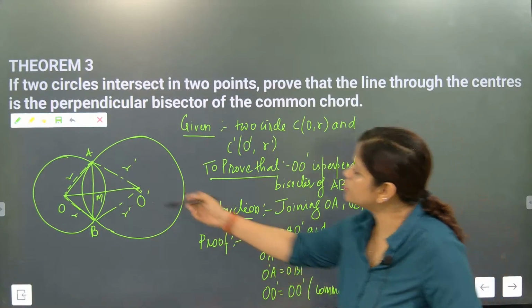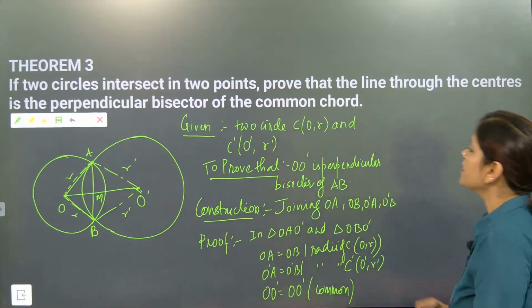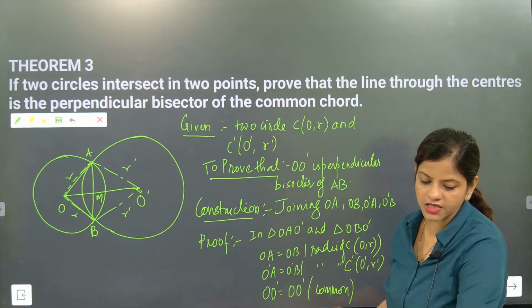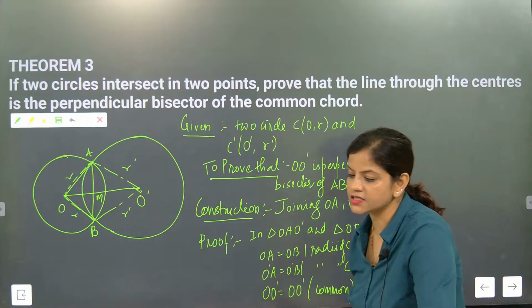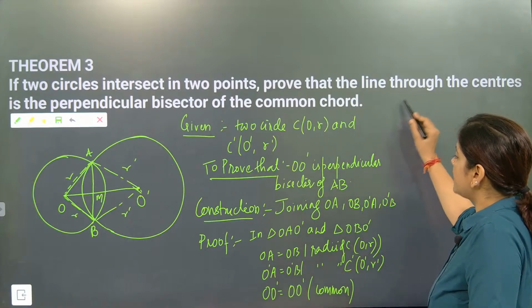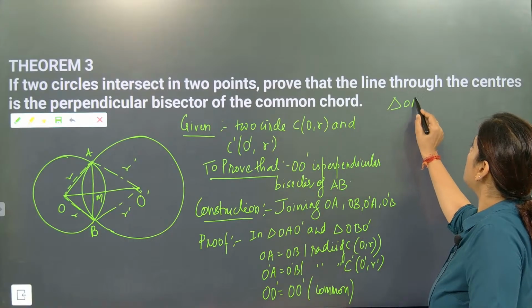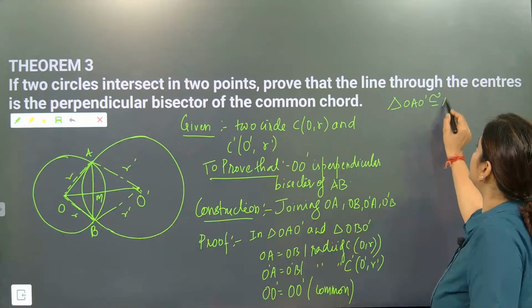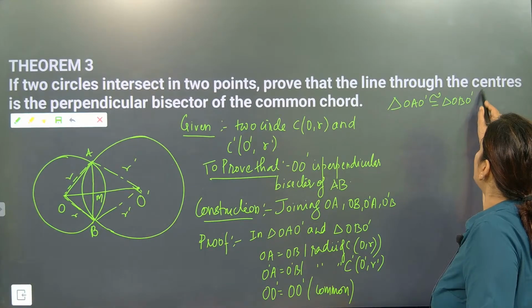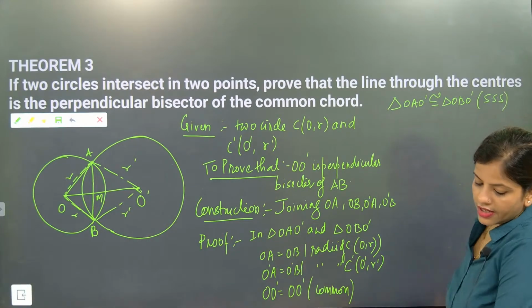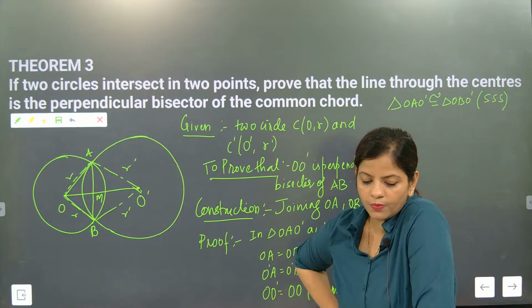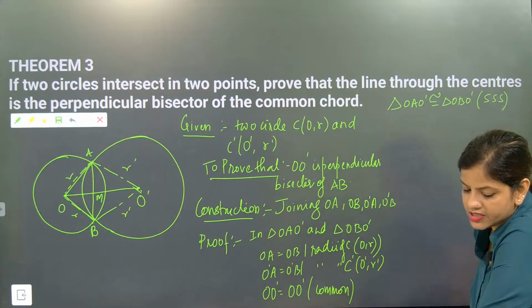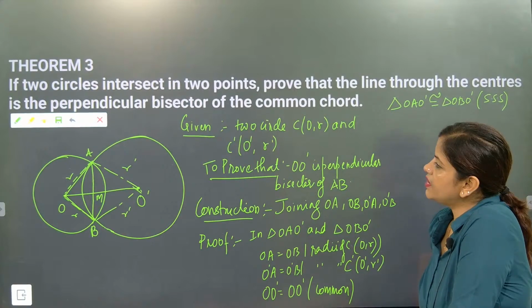So these two triangles are congruent. I hope you have understood that these two triangles are coming as congruent. So we can say that triangle OAO dash is congruent to triangle OBO dash by SSS. The side part is done.